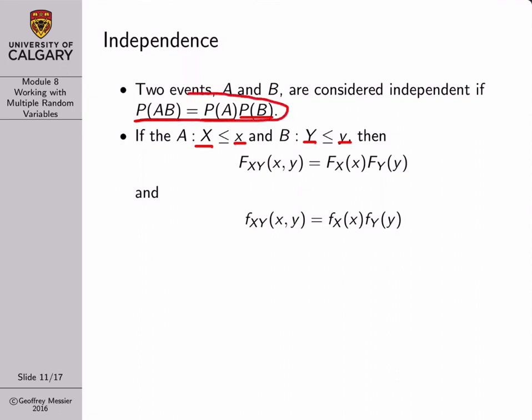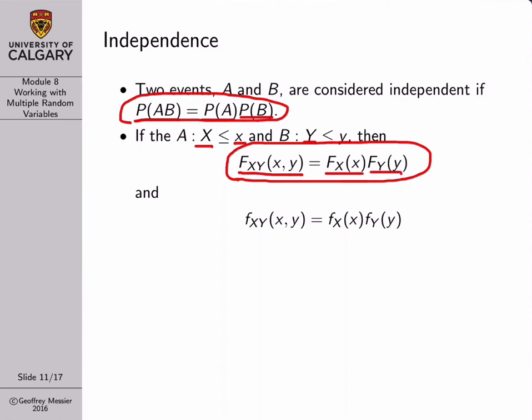And so this probability term then just becomes the expression for the joint CDF. So the probability of x being less than or equal to a value and y being less than or equal to a value is exactly the joint CDF. And if these two variables are independent, then that's just the individual CDF for x multiplied by the individual CDF for y.